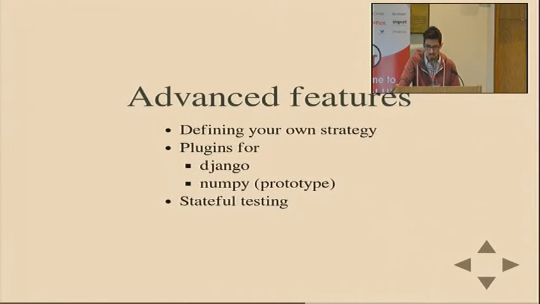Advanced features. If you have a data type that's not a built-in Python data type, you can make your own strategies, and you can build them on top of each other, you can layer them up. So you take two integers, you do something with them, and they make something else. There are plugins for Django, so it can read the data types from your models, keep things DRY. Similarly with NumPy, there's a prototype plugin.